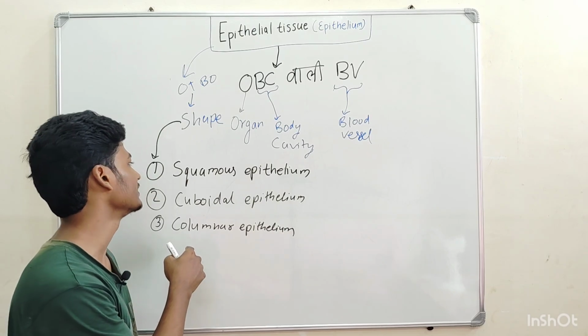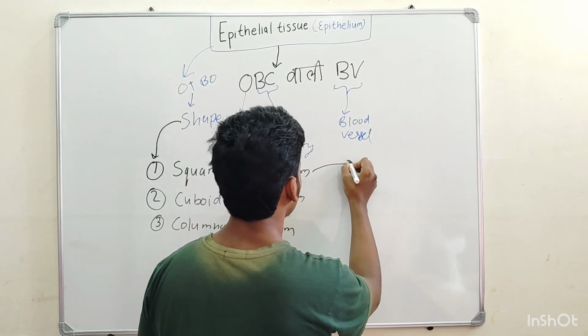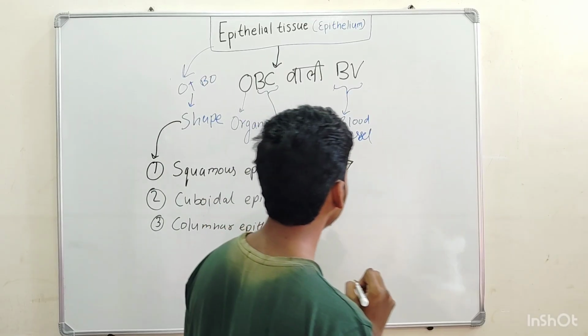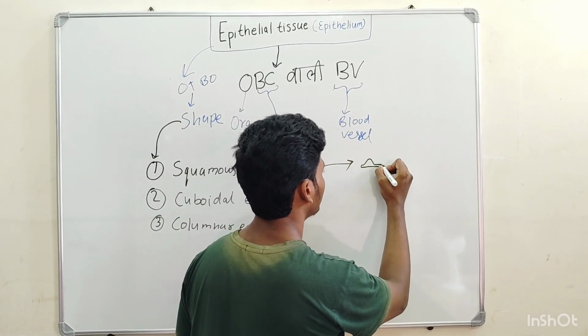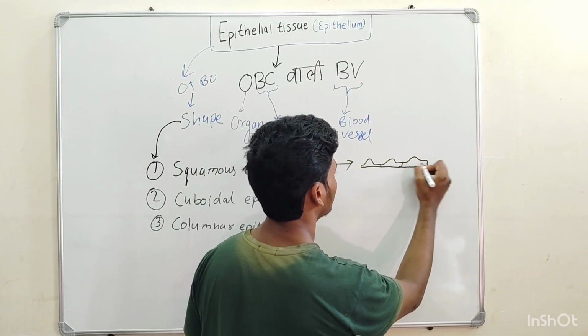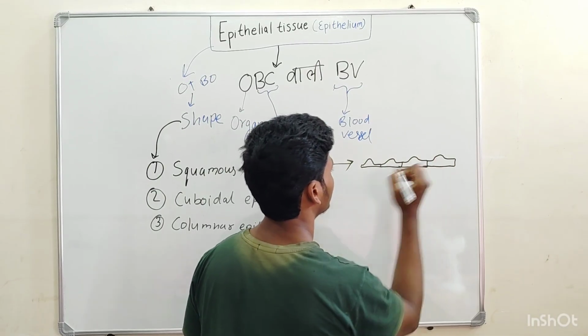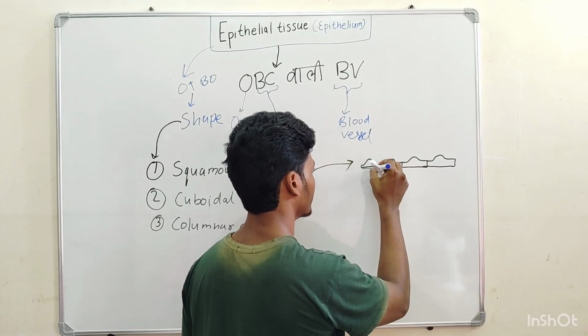So let's see what's the difference among them. If you look at the squamous epithelium, it's very flat, like a fried omelette, and it lies on the basement membrane.